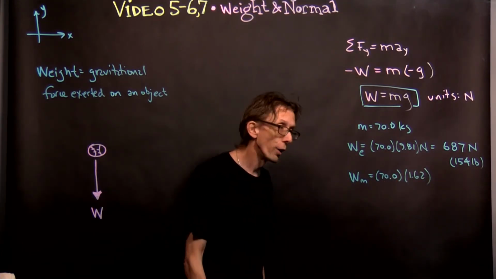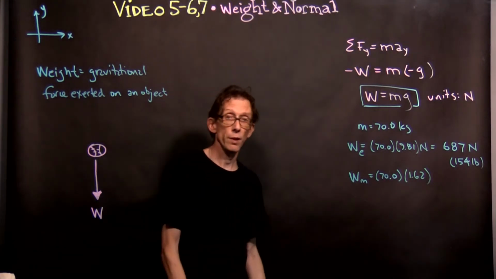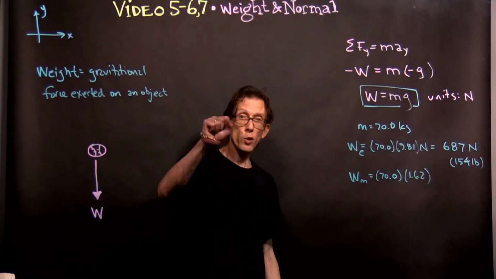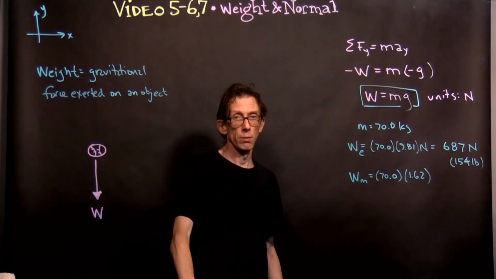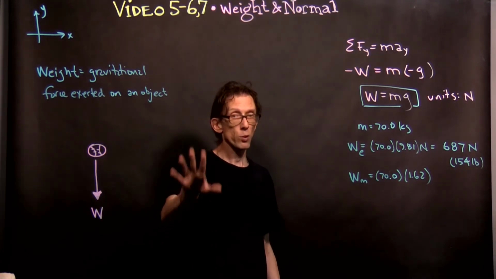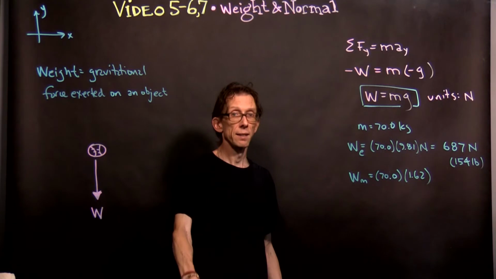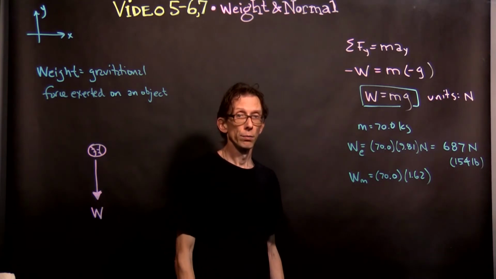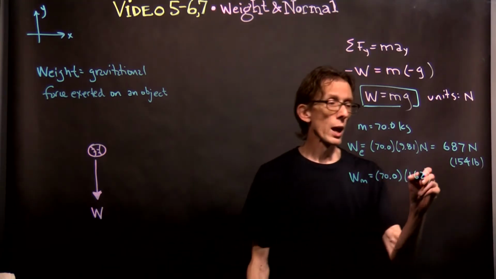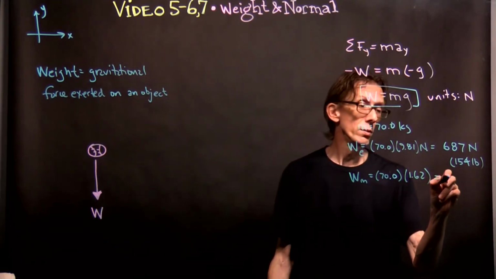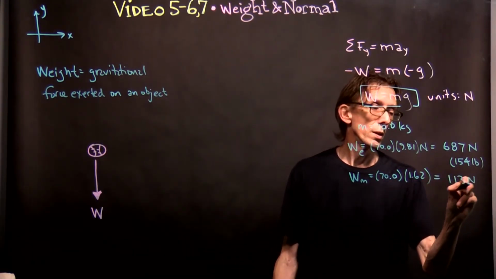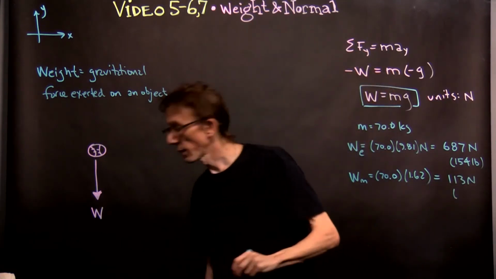It is far less than the acceleration on the surface of the Earth. So if you drop something on the moon's surface, it would seem to fall in slow motion. The acceleration is roughly 1/6 that of the Earth. And I would have a weight on the moon of 113 newtons, which is only 25 pounds.